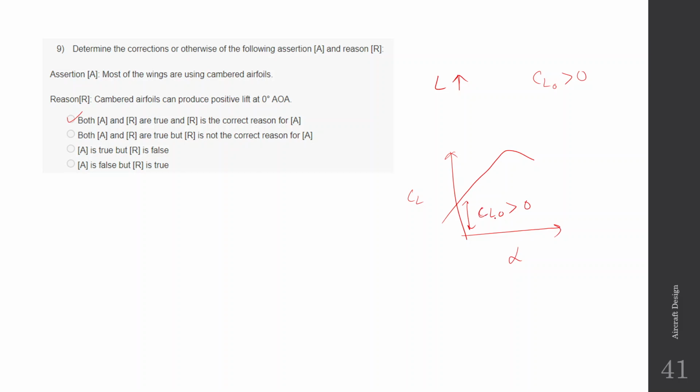This is done so that aircraft can fly at a lower angle of attack. If the airfoil produces lift at zero AOA, then it will not have to pitch up very much to take off or to cruise. This is another reason for using cambered airfoil. So the first option is the correct one.